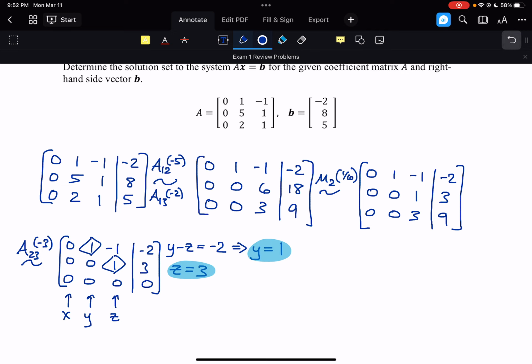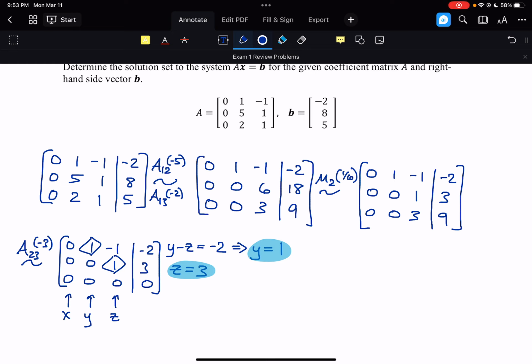The common misconception is to think that this means that x has to be 0 because we see the zeros. What this actually means is that x is not specified in any of the equations in this system. So x can literally be any real number, and it will not change the solution set to this system whatsoever.